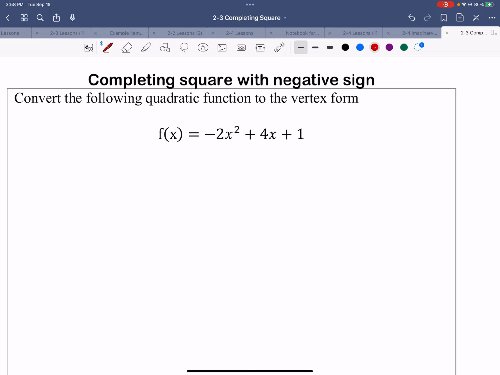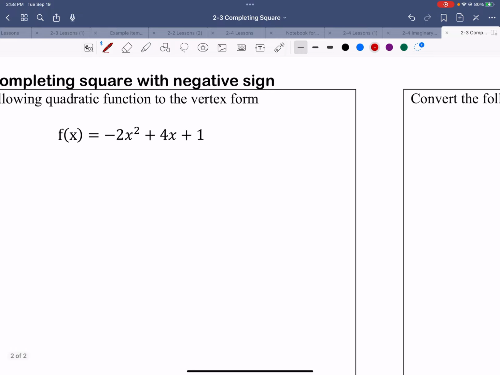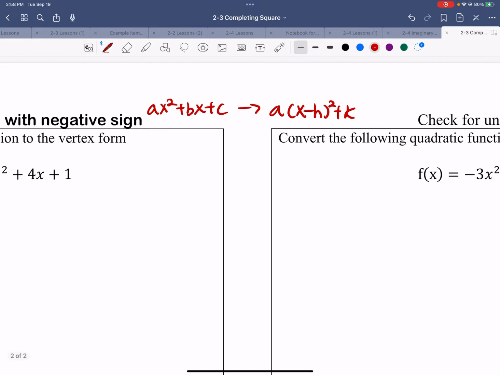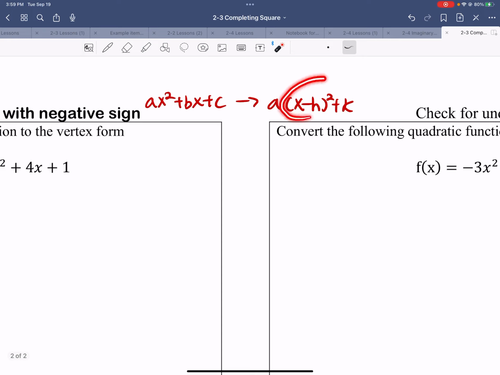Now, the purpose of completing the square is to change standard form, which is ax squared plus bx plus c, into the vertex form, like a(x minus h) squared plus k. That is our goal. Do you see I have x minus h squared? That is our goal, to make it look like this.